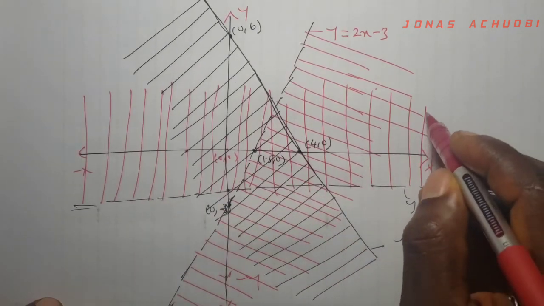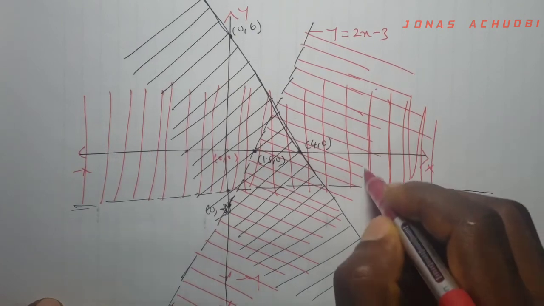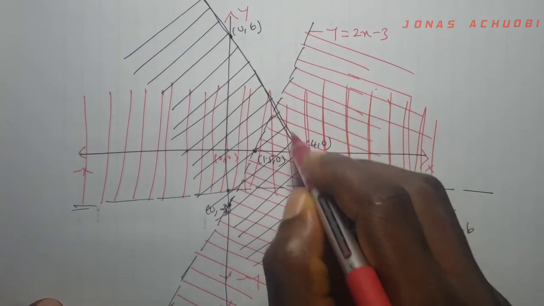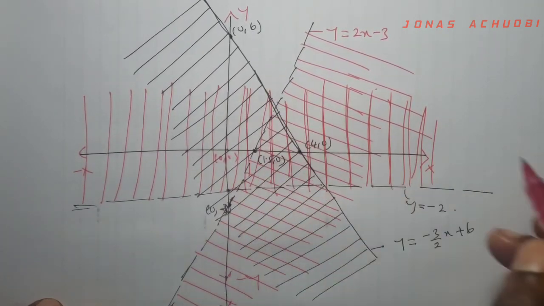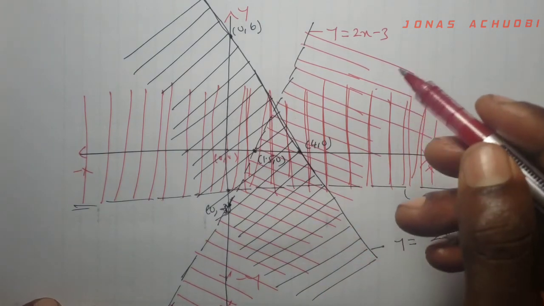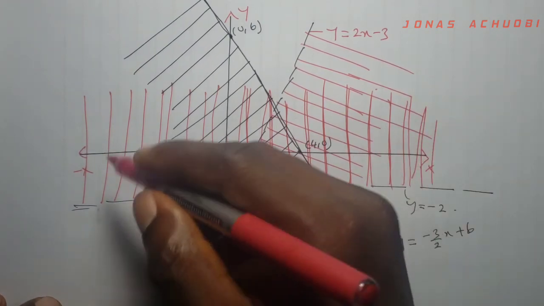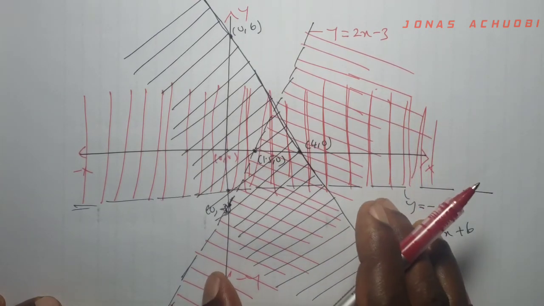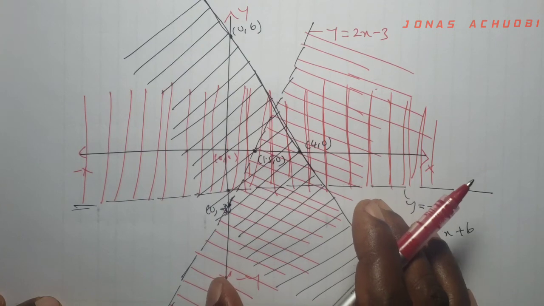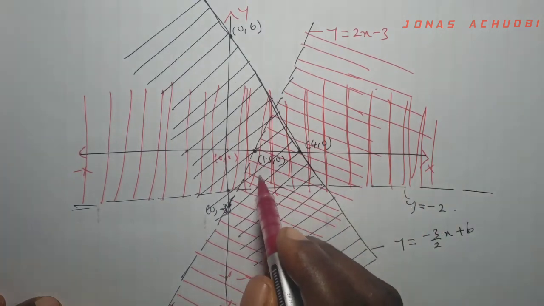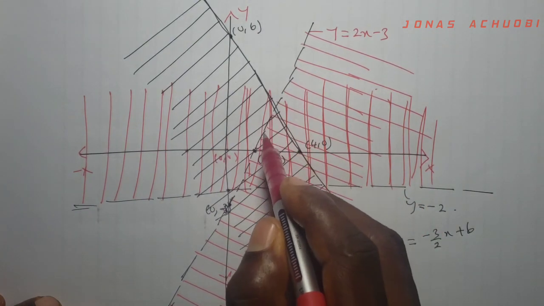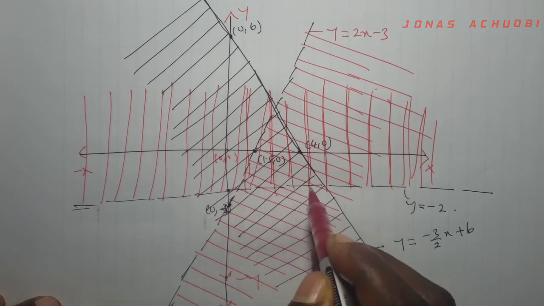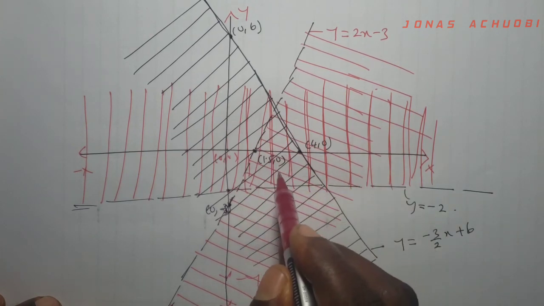So I've shaded above the line to indicate that that is the solution region for the inequality y greater than minus 2. The question now is, where then is the solution region for the system of inequalities? If you look closely at this region, you observe that there's a triangular shaped region here, somewhere here, where the 3 strokes meet.